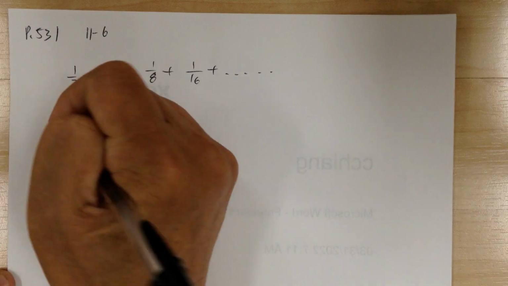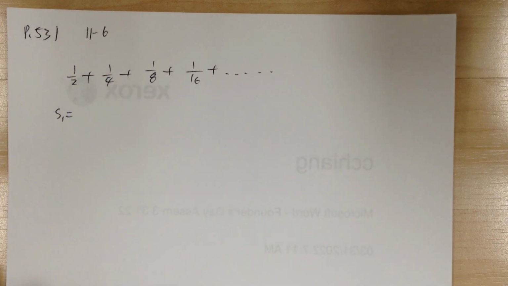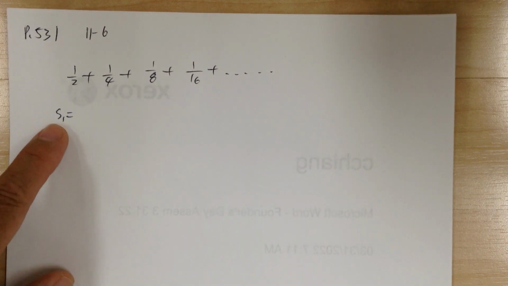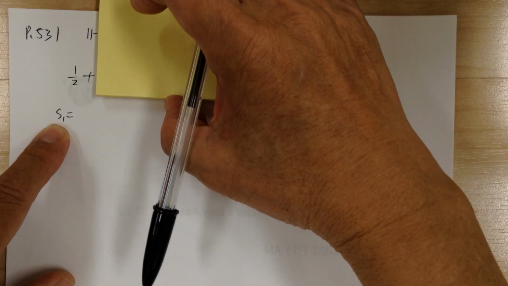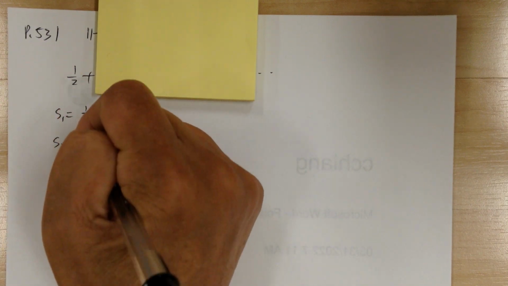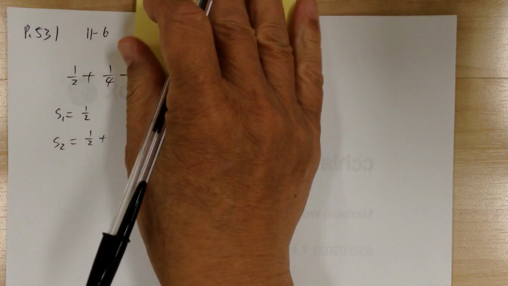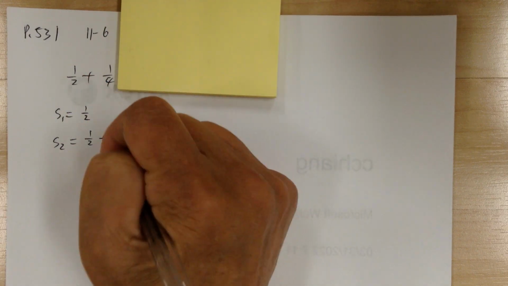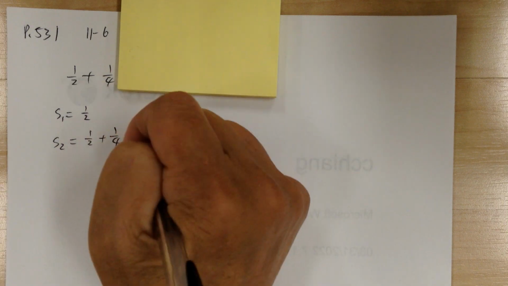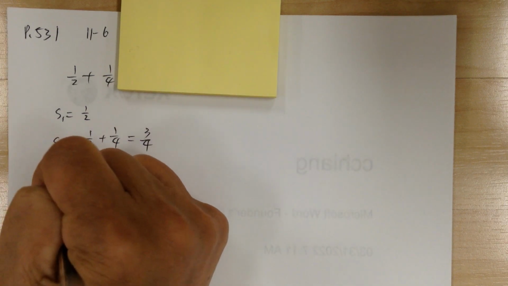S1 means you're only adding the one term, the sum of one term. So it would be just 1/2. S2 means you're adding two terms, 1/2 plus 1/4, which equals 3/4.